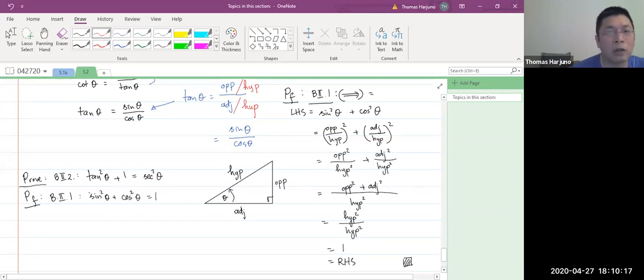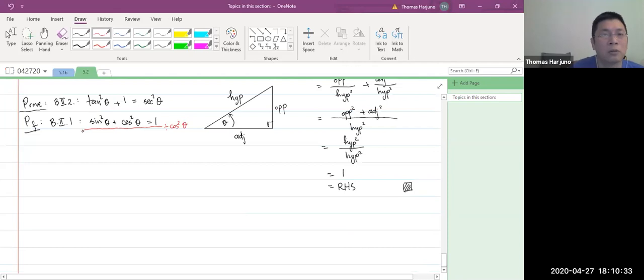Okay, and then I will divide that by cosine squared theta. Now, the first term we will have sine squared theta over cosine squared theta, plus the second term, cosine squared theta over cosine squared theta. You see that guy will later become 1. And then the last term is 1 over cosine squared theta.